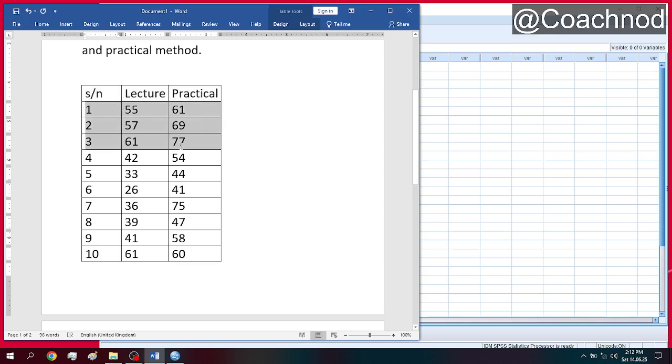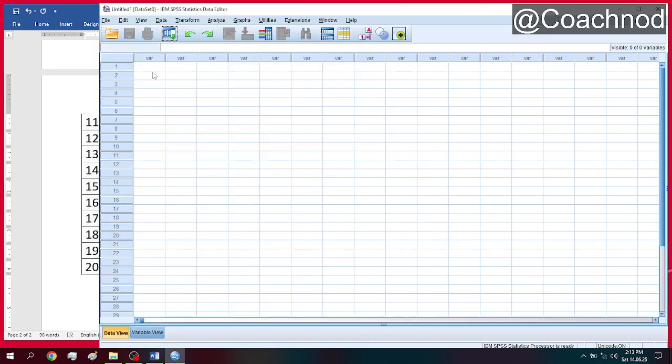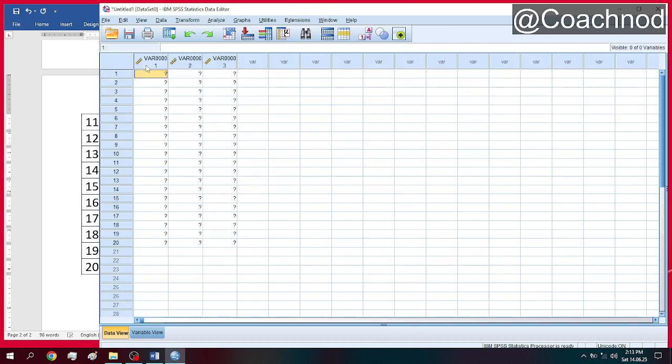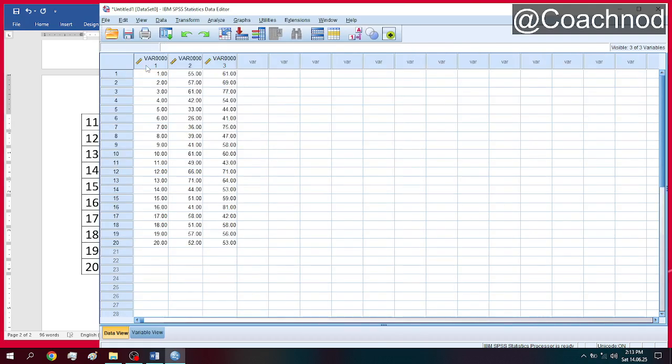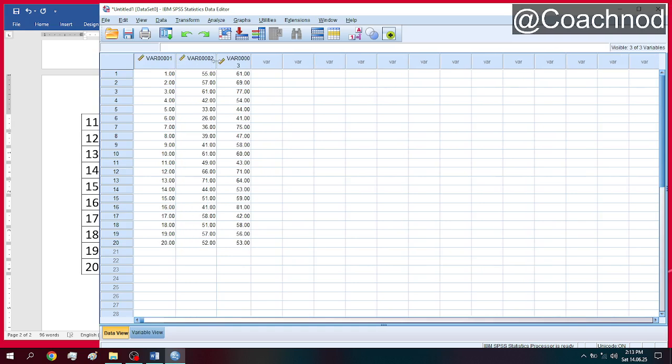Just copy where the data is. So I paste it. You can see this is it.